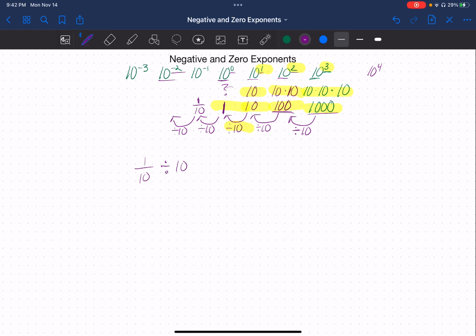You could throw this into a calculator that has a fraction function and get it just fine too. But especially when we're working with fractions, it's helpful to instead multiply by the reciprocal. So what's the reciprocal of 10? Well, it's 1/10, right? So 1/10 times 1/10, well, that is 1/100th.